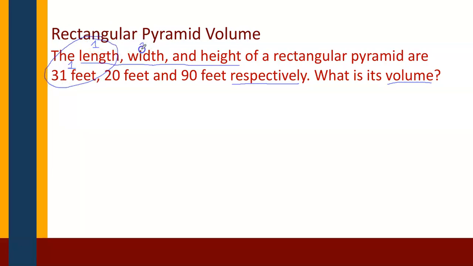The second item is width, and the second item is 20 feet, so the width is 20 feet. And last in line is the height, and so is the 90 feet in its list, so those two go together. So now we have our dimensions, so let's start drawing.